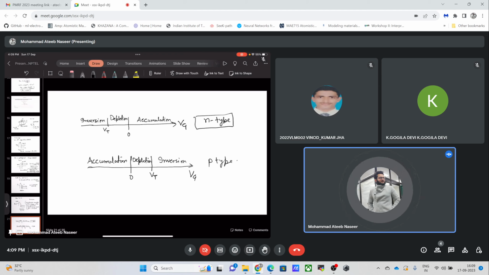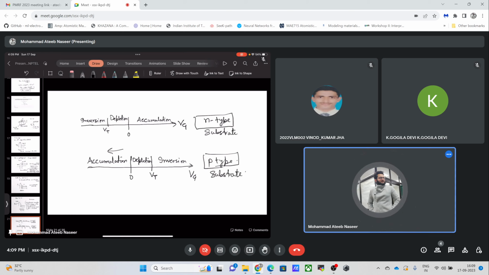So a large negative in the case of p-type would mean accumulation. This is the N-type substrate, and this is the p-type substrate. So these are some insights into how different kinds of silicon substrates would help us achieve different behaviors at the interface depending on the biasing conditions.